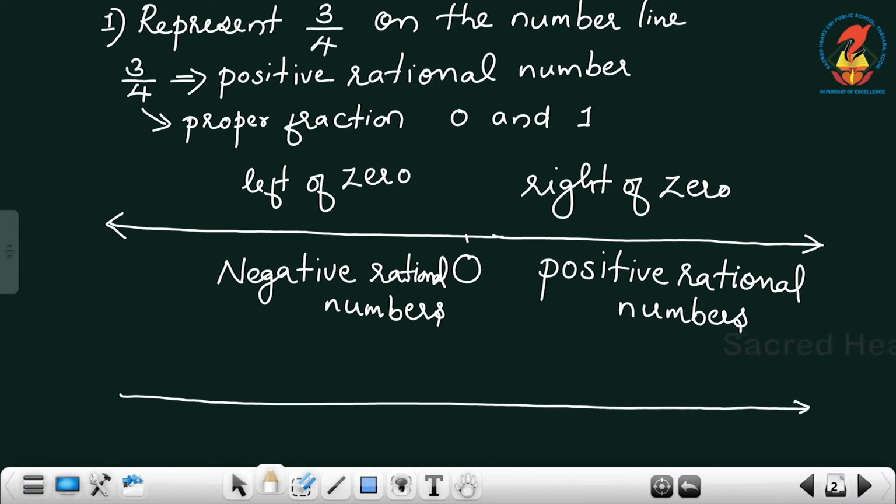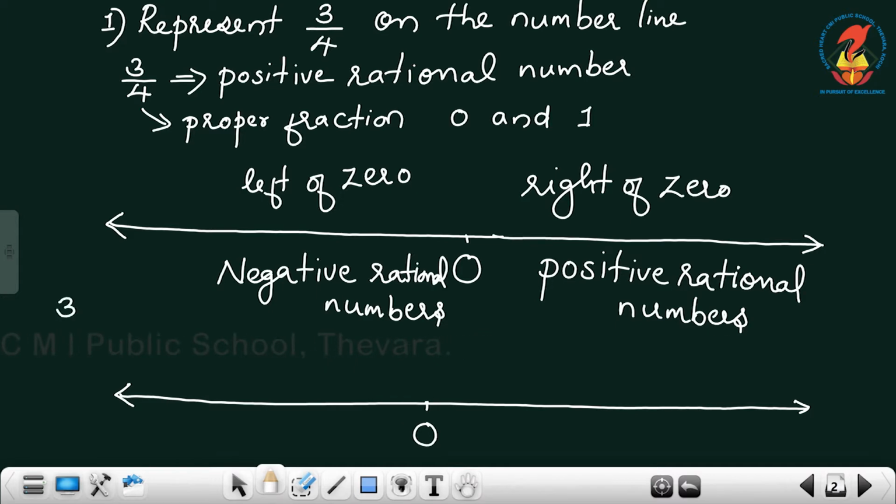Then we have to draw a line, put the arrow mark, then mark a point and label it 0. So, 3 by 4 is a positive rational number, so we have to consider the right side of 0.